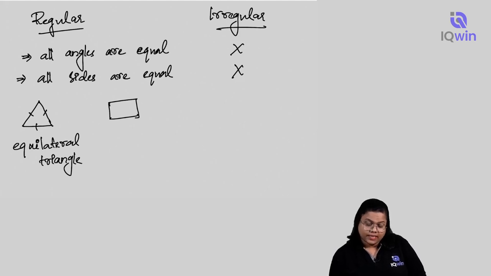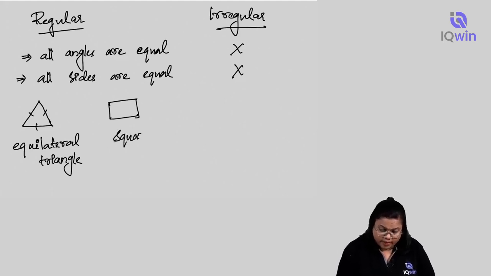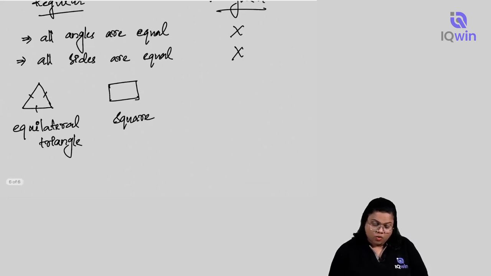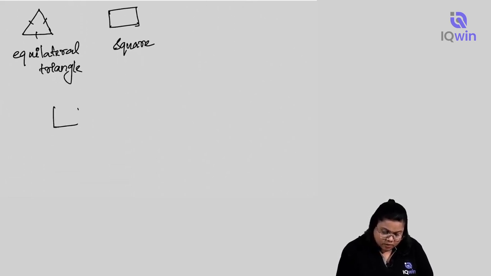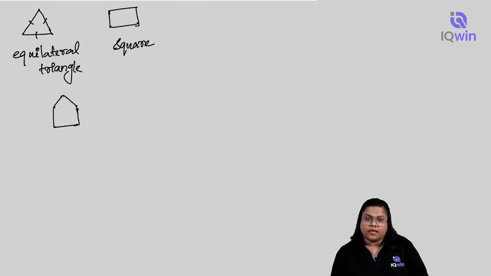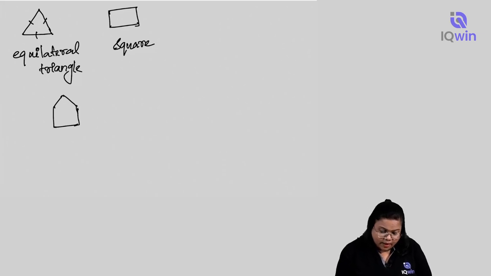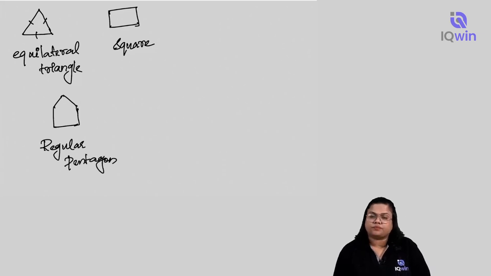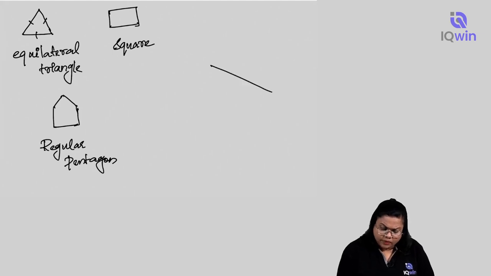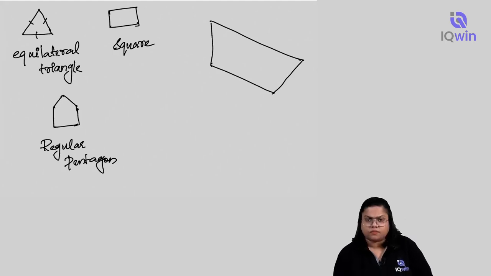With a polygon of four sides, it is a square. What about the five-sided figure, which we call a pentagon? If all the angles and all the sides are equal, it is a regular pentagon, and so on. Okay, for an irregular quadrilateral, let's have a figure something like this. Not all the sides are equal, and not all angles are equal.